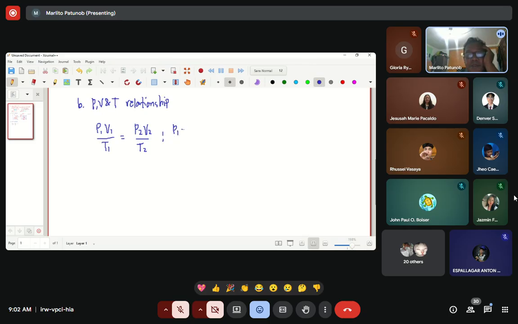Since P1 is equal to P2, this will be cancelled out. So that makes V1 over T1 equals V2 over T2, no? And moreover, you can also say that T2 will be equal to T1 times V2 over V1.